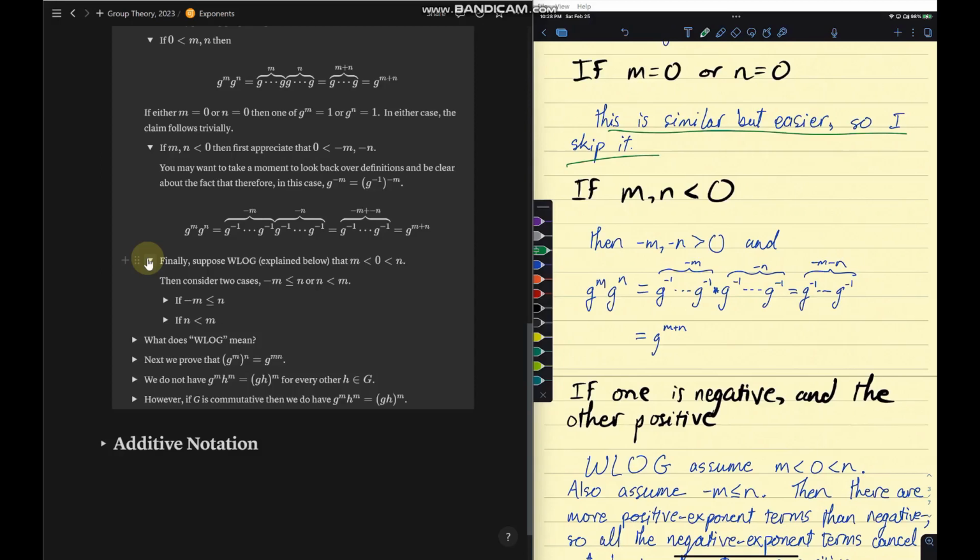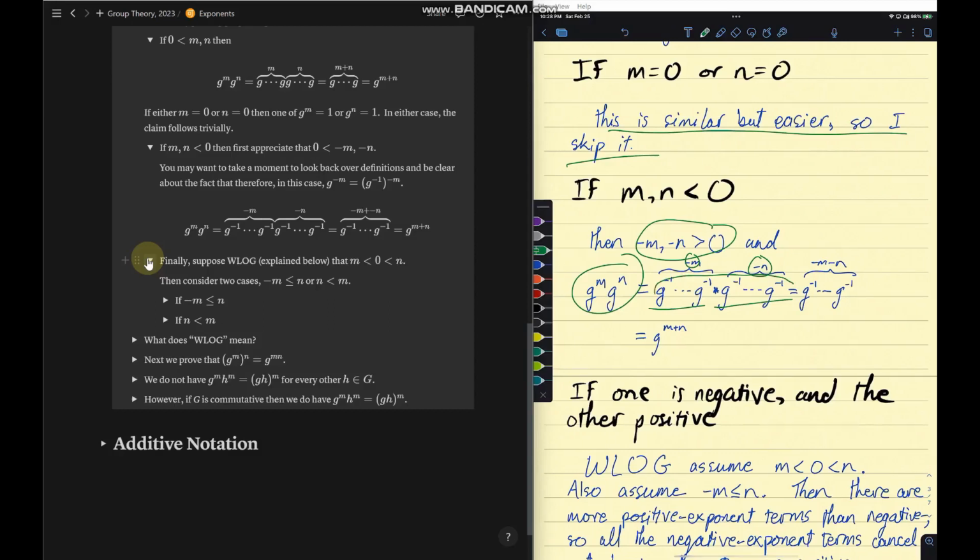Now let's consider the case where both m and n are strictly negative. Notice in this case that we get these positive numbers, negative m and negative n. That's important because we use the strictly positive numbers to do the counting. So we can start this time from g to the m, g to the n on the left-hand side, and expand that out by definition. Because these are strictly negative numbers, it's a product of g inverse with itself, negative m and negative n times respectively.